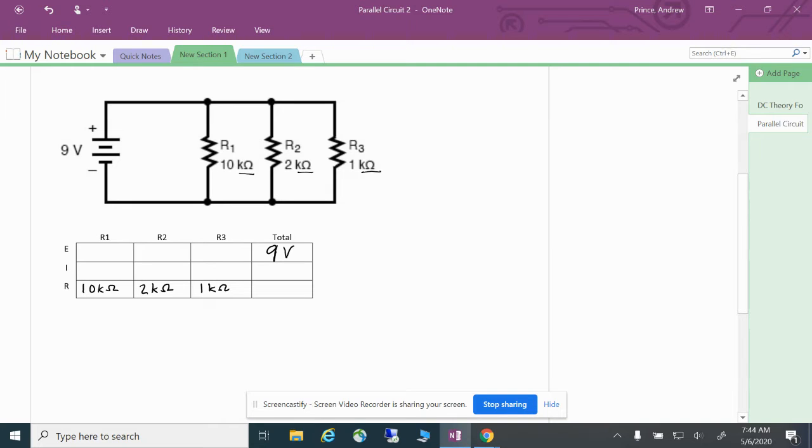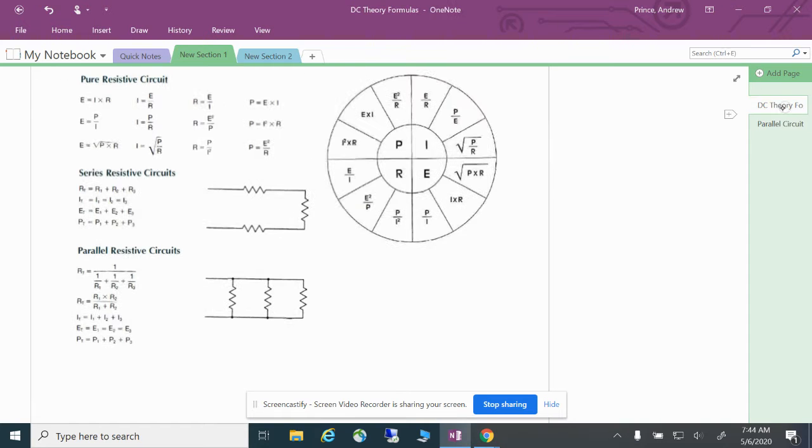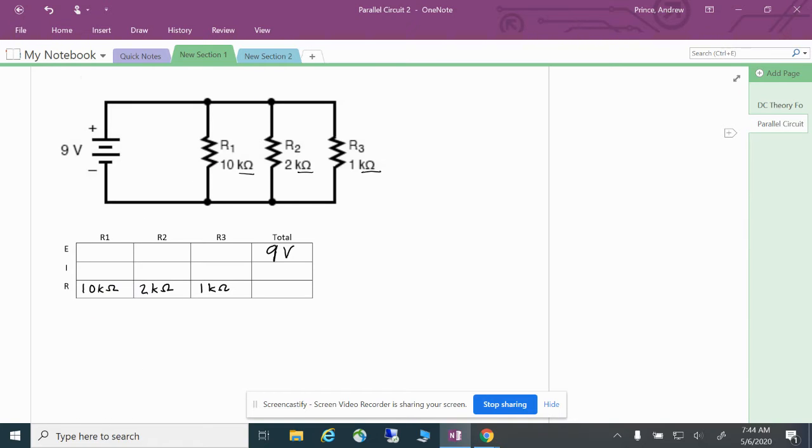Now we don't have, again, enough values to use Ohm's law on any individual resistor or on the total circuit. But if we go back to our formulas, we could use this one to find out the resistance total. And if we had the resistance total, we would be able to use Ohm's law to solve for the current. So let's go ahead and do that.